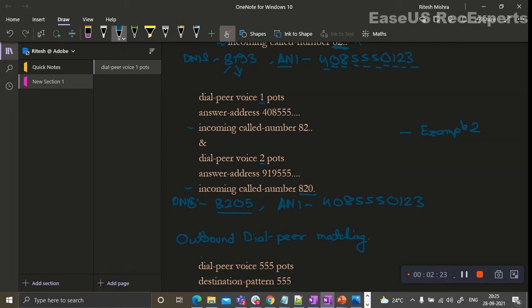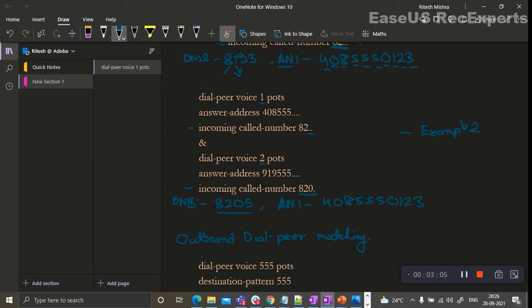With the first pattern, the router has to do more calculations. It has to go through all the numbers, 8200, 8210, 8220, like that, all the digits for both periods, from 0 to 9 and 0 to 9. Here my router has to go through only one permutation and combination: 820, and then it starts from 8200, 8201, 02, 03, 05.